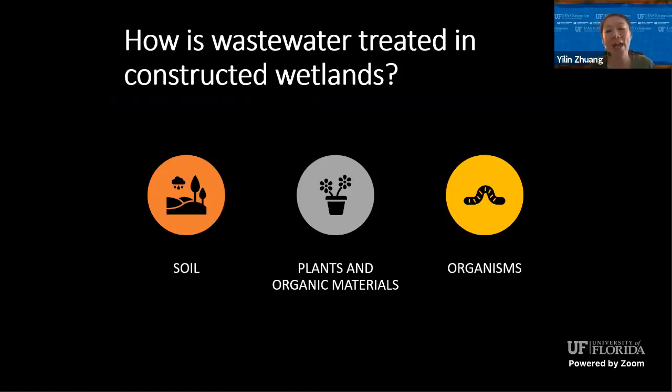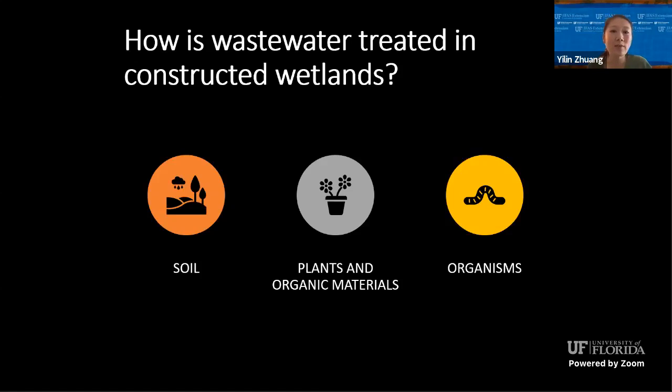Just a quick recap: how does wastewater treatment in wetlands differ from conventional wastewater treatment facilities? In constructed wetlands, as wastewater flows through the system, suspended solids and trace metals settle and are filtered. Plants and organic materials also absorb trace metals.